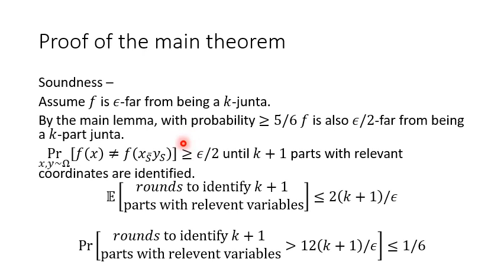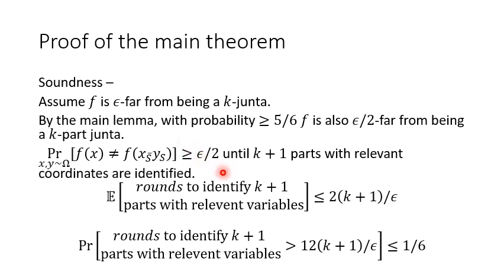Now, let's think about the number of rounds. We need to identify one part with a relevant variable. If every round we reach line 3.2, we have at least this probability to find a relevant variable. Then that means this is a geometric random variable, and after 2/epsilon rounds in expectation, we will find a relevant variable.